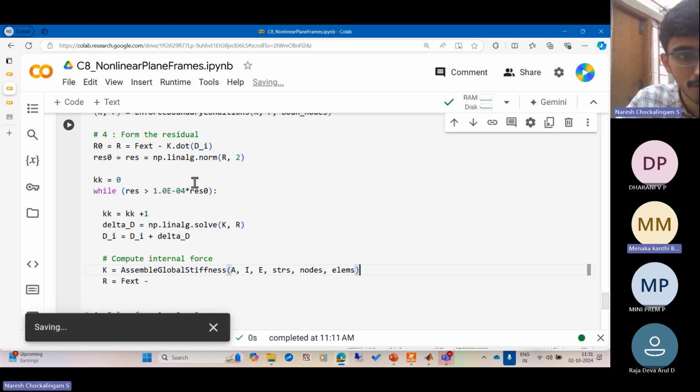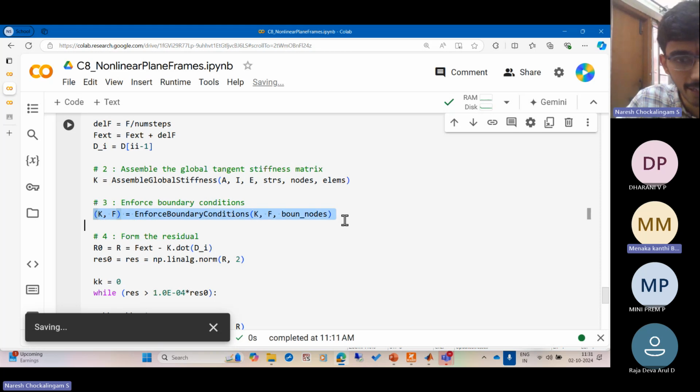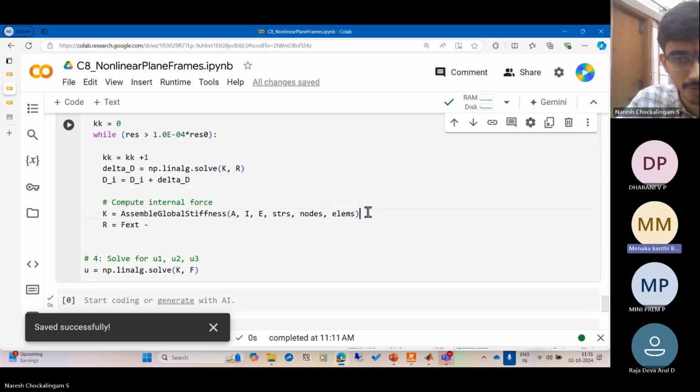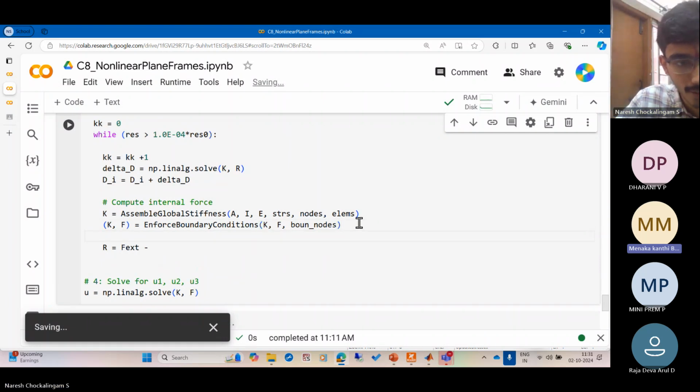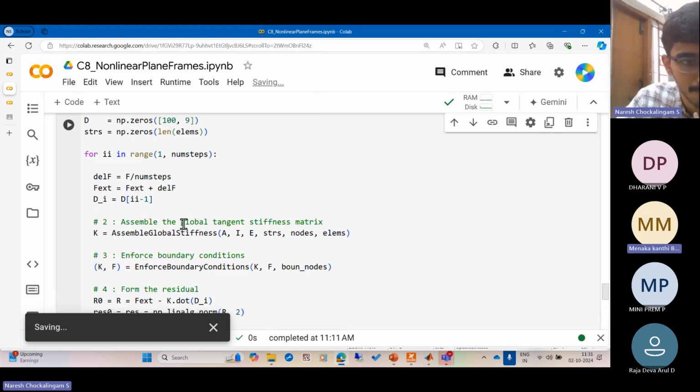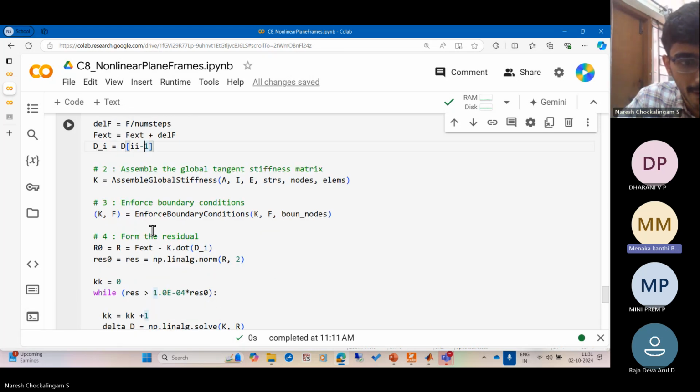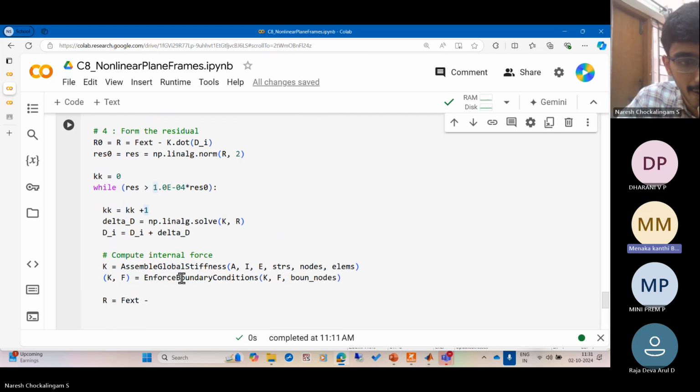So assemble the global stiffness, enforce boundary conditions, right? Then assemble the global stiffness, enforce the boundary conditions. Then you have to check the residual, right? You have to check the residual.